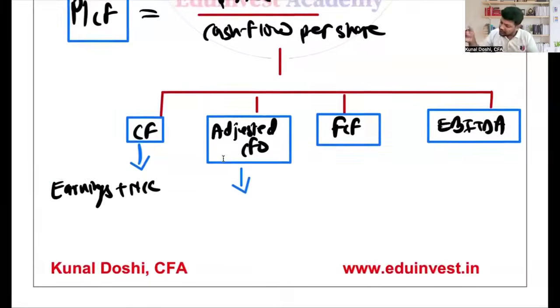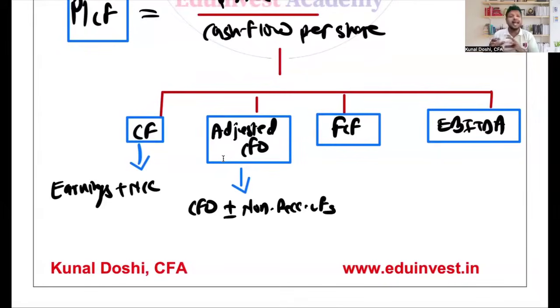So whatever is your normal operating cash flow, plus or minus the adjustment for non-recurring cash flows. When I say non-recurring cash flows, it can be a non-recurring expense or an income, but don't forget to multiply by 1 minus tax.